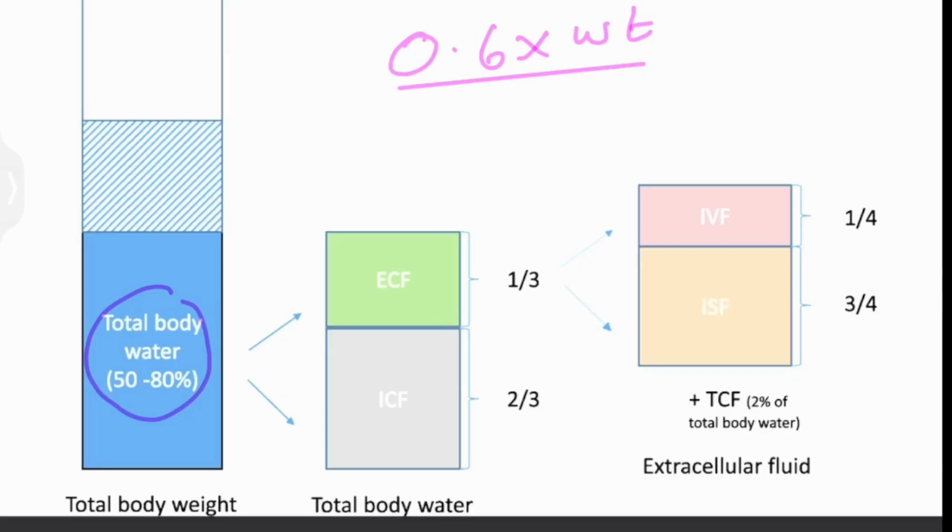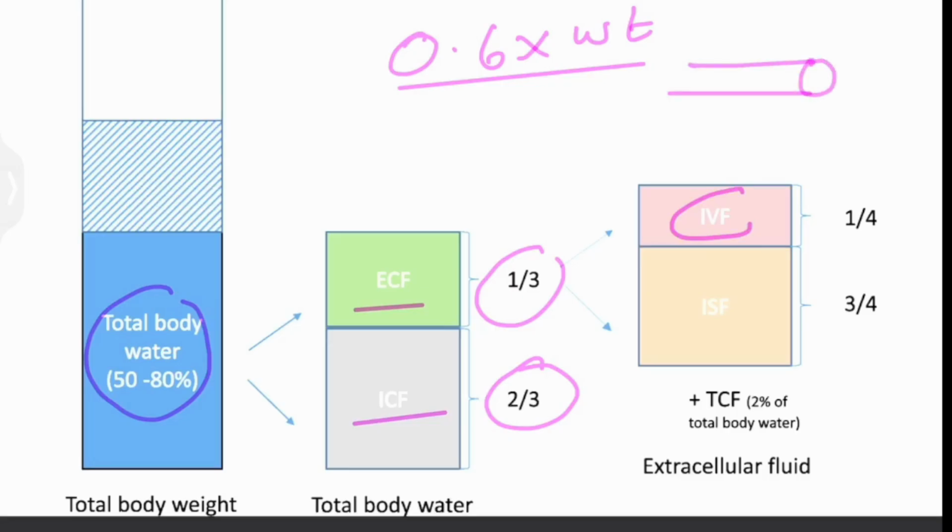Intracellular fluid is 2/3 and 1/3 is extracellular. Extracellular is divided into intravascular, that is in the blood vessels, which is 1/4, and interstitial space 3/4.